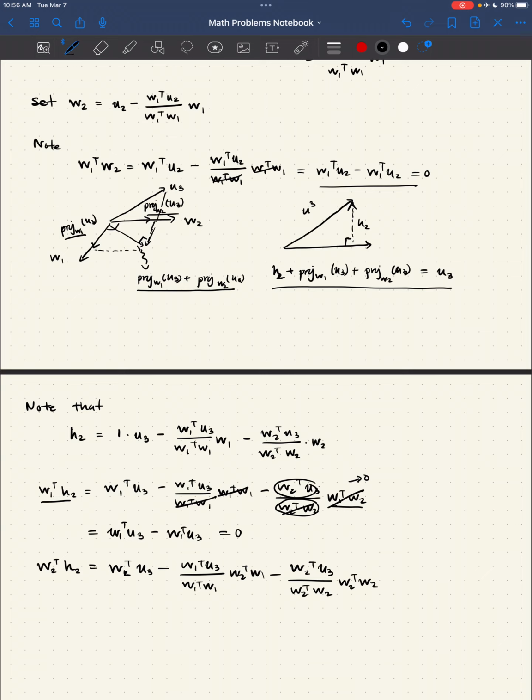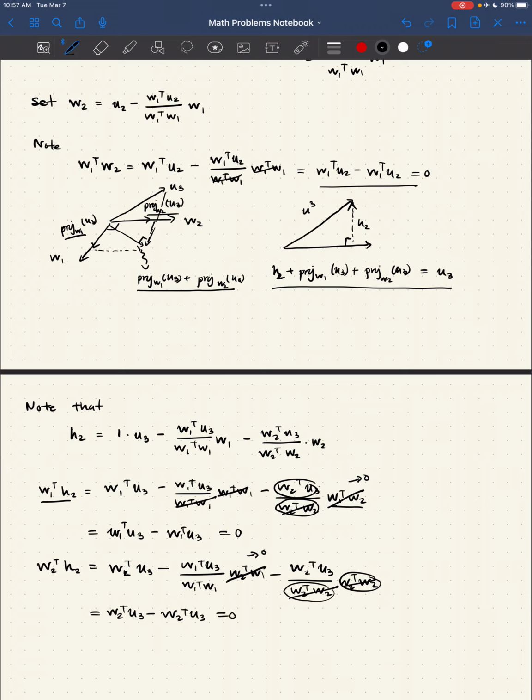This time, this element is the one that goes to 0, as W1 and W2 are orthogonal. What remains is to check that since W2 is different from 0, W2 transpose W2 is different from 0, so these two cancel. What remains is simply W2 transpose U3 minus W2 transpose U3, which of course is 0.